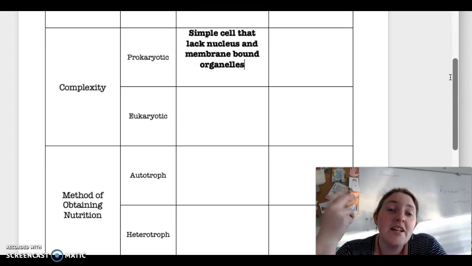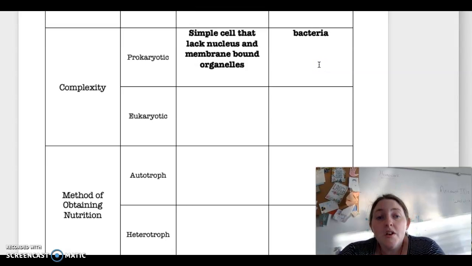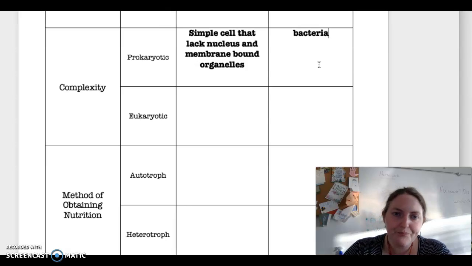So these are very simple, smaller cells. Examples of these, again, are bacteria. So we can describe them based on how complex the cell is. Bacteria cells are very simplistic. They don't have a nucleus, they don't have organelles, which we'll talk more about organelles to refresh your memory from 7th grade, like mitochondria and chloroplasts and things like that.